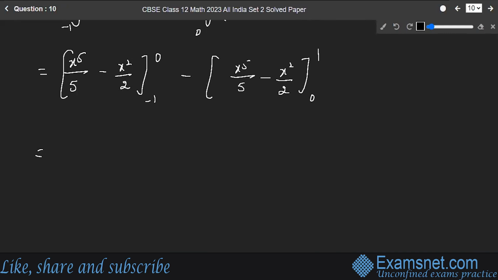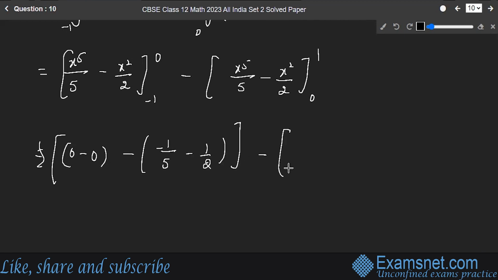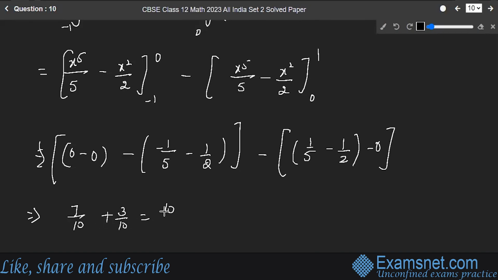Now let's fill in the limits. This will be 0 minus (minus 1 by 5 minus 1 by 2) minus (1 by 5 minus 1 by 2 minus 0). That becomes 7 by 10 plus 3 by 10, which is equal to 1.